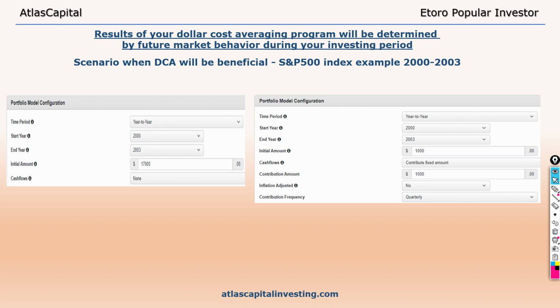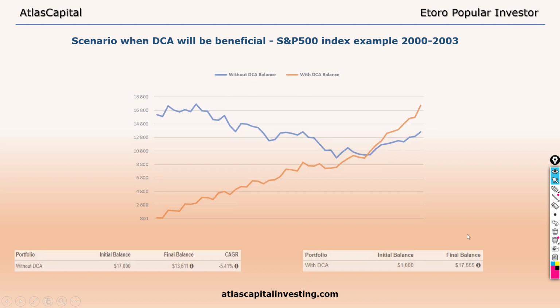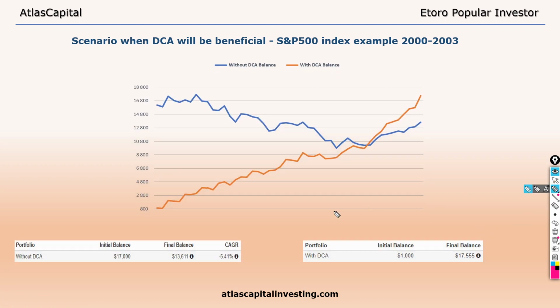Now we are going to see how these two portfolios behave during the period examined. The first portfolio, which was without DCA, decreased to 13,000 from 17,000, so we actually lost money here.